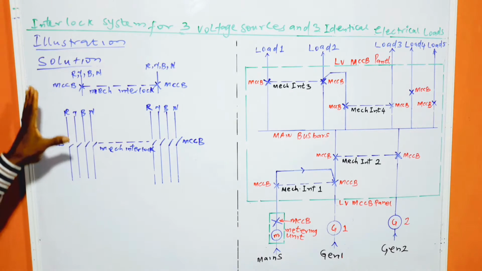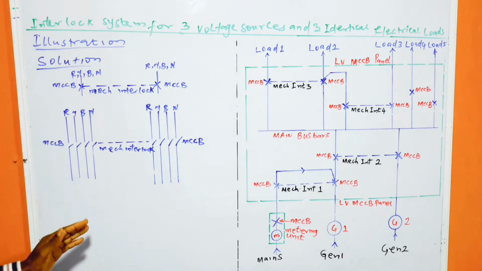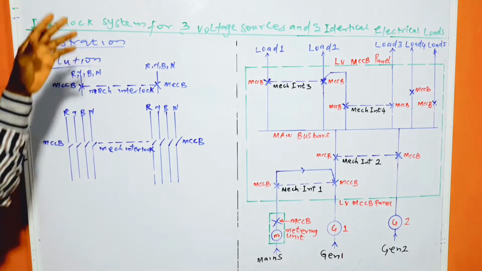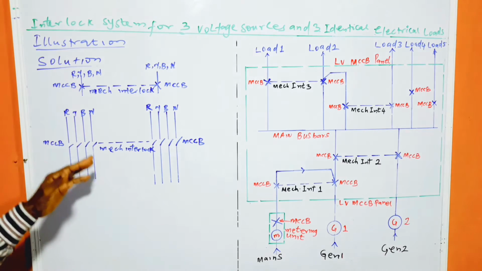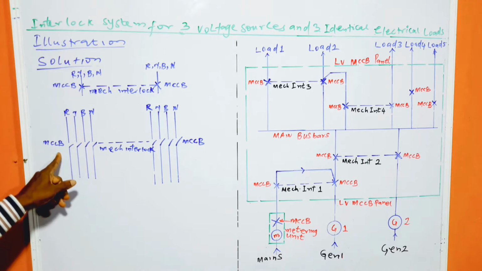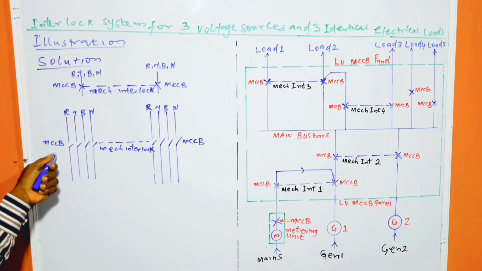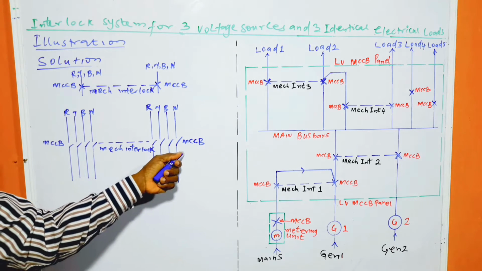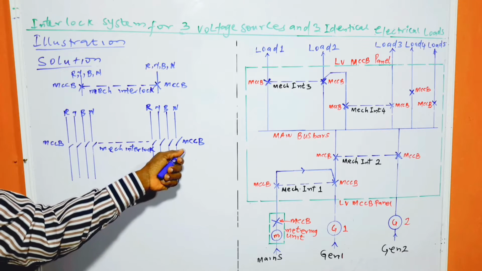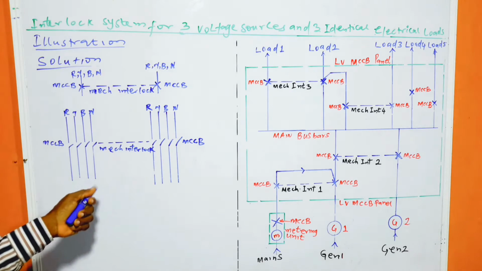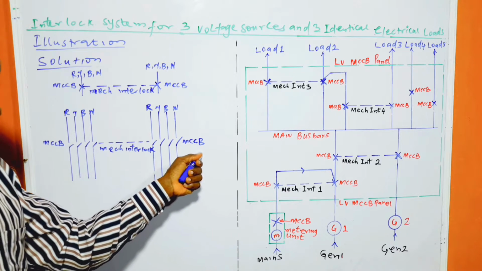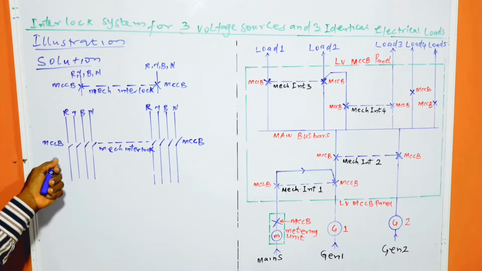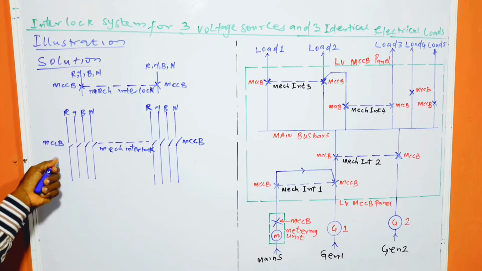As I said, a mechanical interlock has 3 stages in usage. The first stage is when the left hand side circuit breaker is switched on, and simultaneously the right hand circuit breaker is switched off. The second stage is when the right hand circuit breaker is switched on and the left hand circuit breaker is simultaneously switched off.